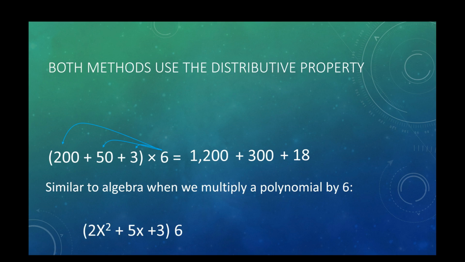So if we had 2x squared plus 5x plus 3 times 6, we'd do 6 times 2x squared, which is 12x squared. 6 times 5x, which is 30x. And 6 times the 3, which is 18. It's the same idea. And notice how similar our two answers are.